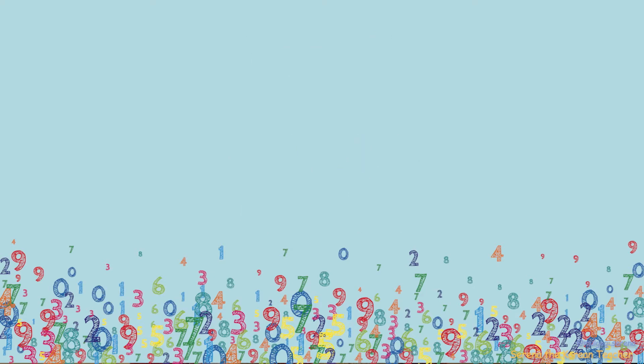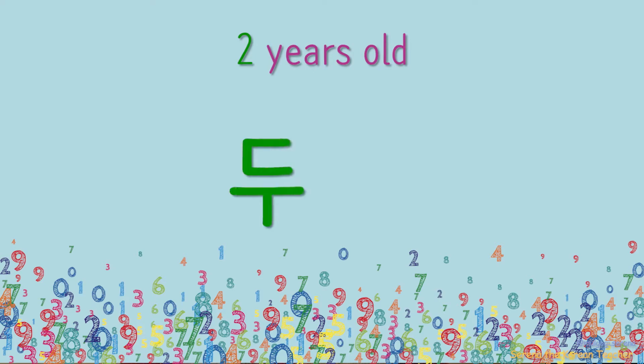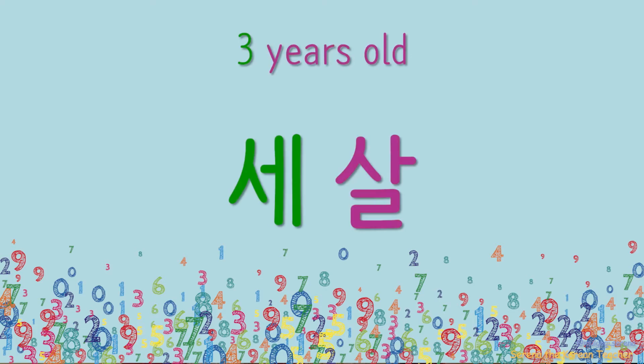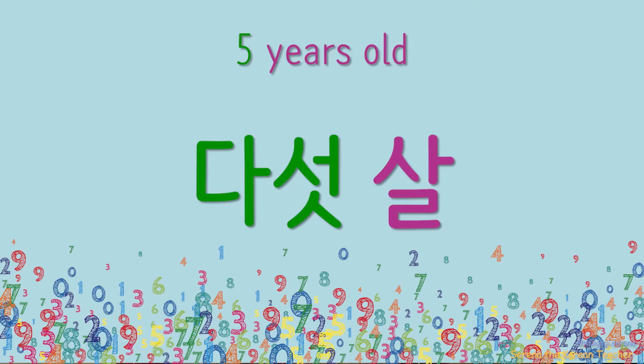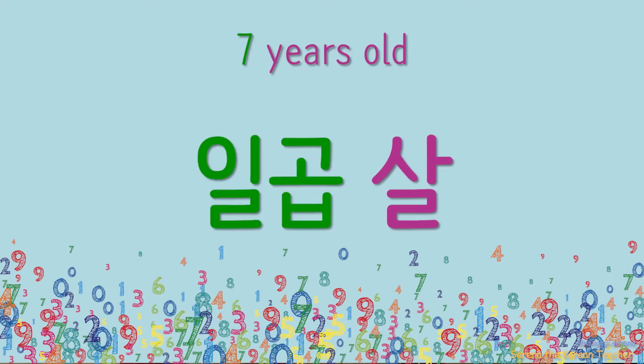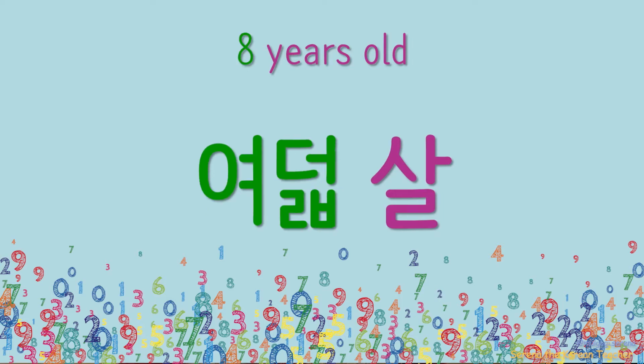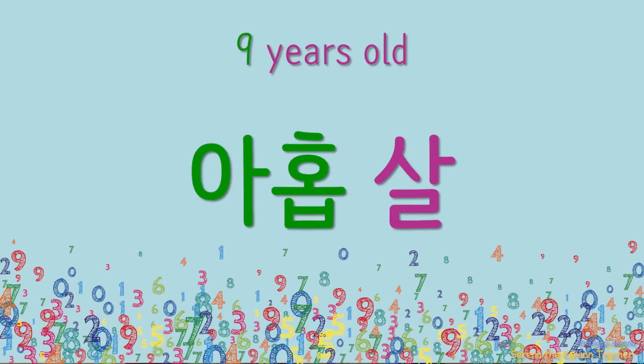What about 2 years old? 두, not 둘 anymore. 두 살. 세 살. 4살, 5살, 6살, 7살, 8살, 9살, 10살. And everything else is the same.